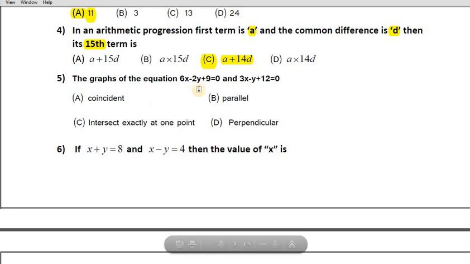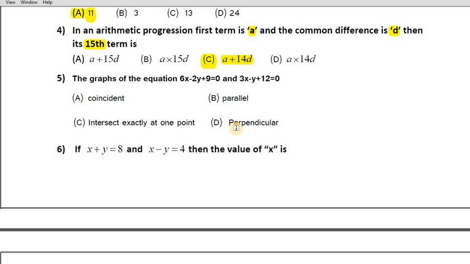The graph of the equation 6x minus 2y plus 9 equals to 0 and 3x minus y plus 12 equals to 0. Given options are coincident, parallel, intersect exactly at one point, perpendicular. See here two equations they have given and asking to identify which kind of lines these are. After drawing the graph, how lines will meet, whether it is coincident or intersect exactly at one point or parallel or perpendicular.